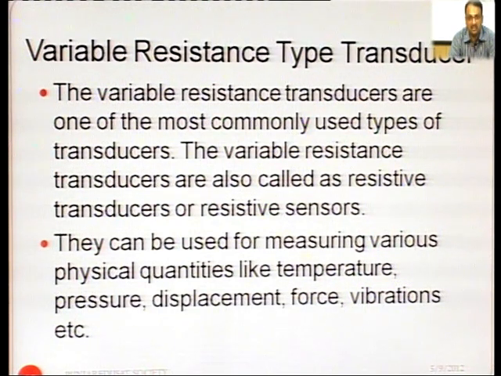Variable resistance transducers are one of the most commonly used types of transducers. They are also called resistive transducers or resistive sensors. They can be used for measuring various physical quantities like temperature, pressure, displacement, force, vibrations, etc.